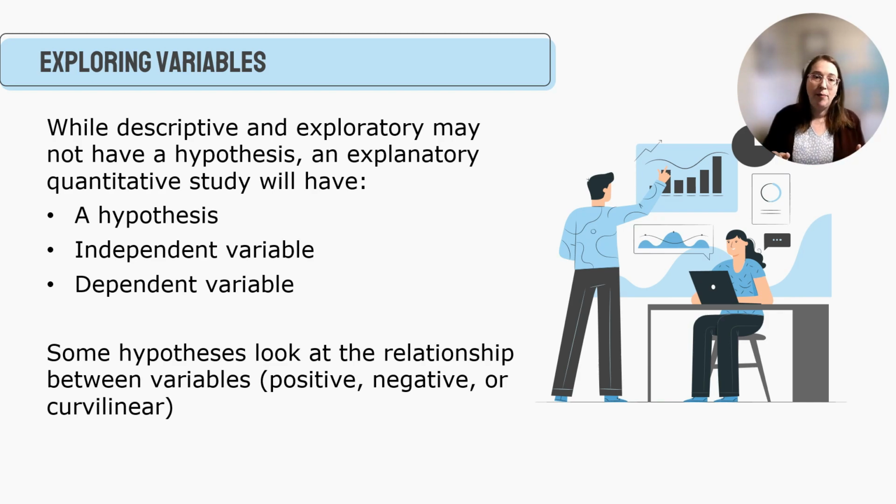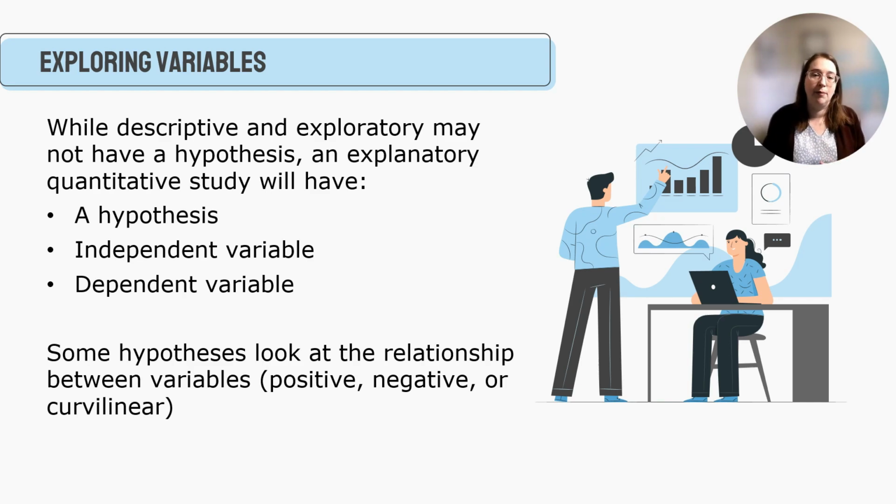So a directional hypothesis says, I believe that a change in this is going to increase or decrease the dependent variable. Some people might say, hey, I think there's a relationship between the two, but I'm not exactly sure how changes in the independent variable are going to affect the dependent variable. I just believe that there will be a change, but I want to see what actually happens. So there are a couple different types of relationships. There's a positive, negative, or curvilinear relationship.